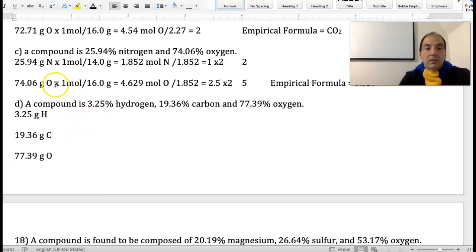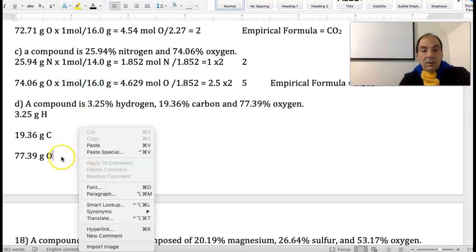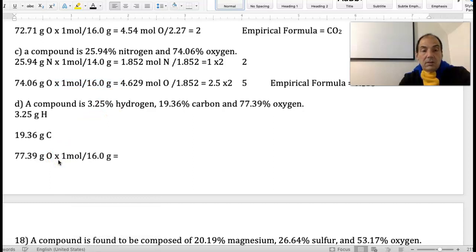All right, so now I'm going to save myself a little pasting in here. Okay, so the oxygen's molar mass is 16, the carbon's molar mass is 12, and the hydrogen's is 1. Well, that one I can do in my head, 3.25 moles of hydrogen.